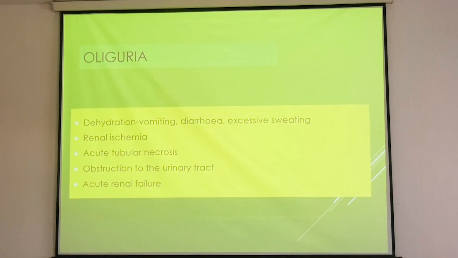But oliguria generally means the urine is formed less, or much concentrated urine is formed. That can be due to renal ischemia, when less blood is coming to the kidney. Urine is formed from blood, so when less blood is coming, there will be less urine formation.